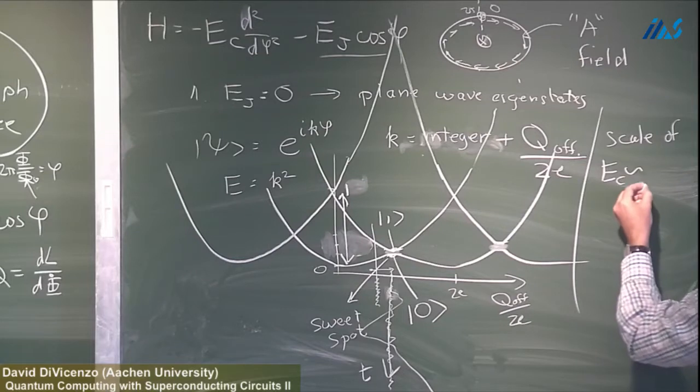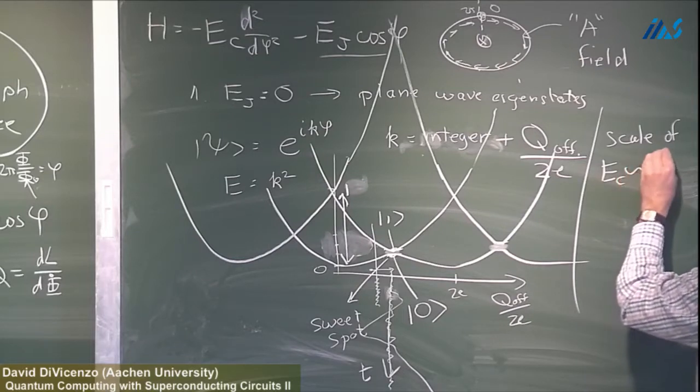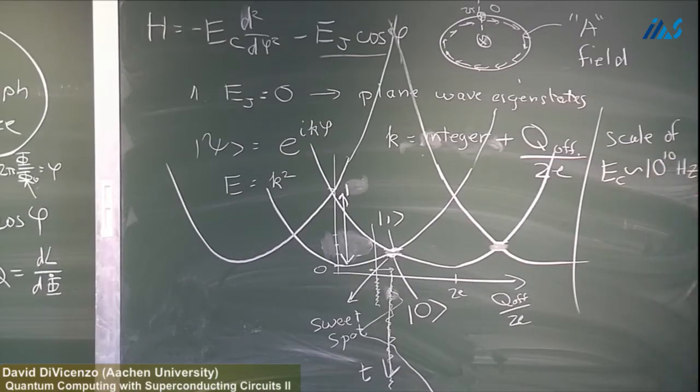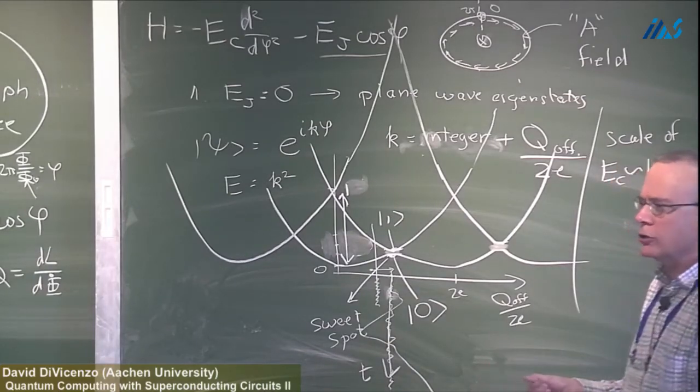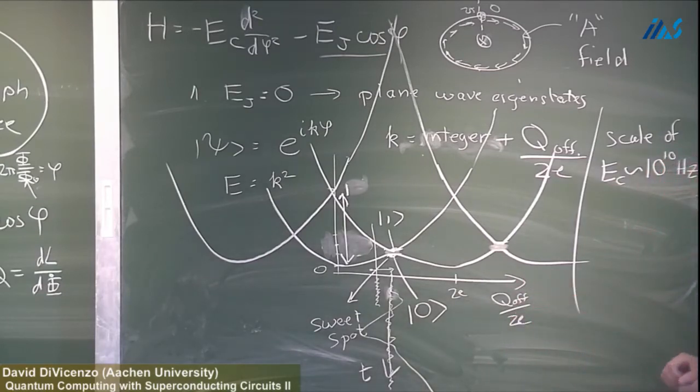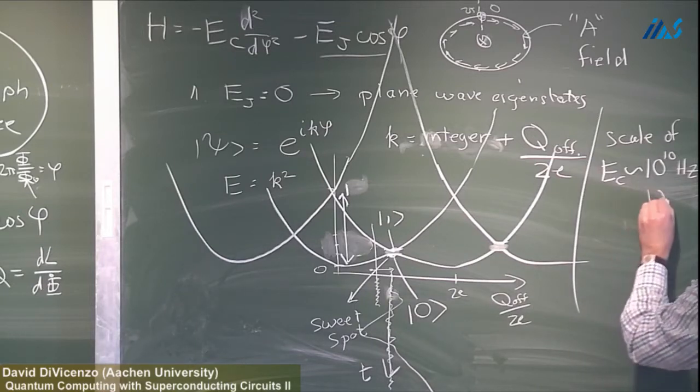It's in units of something like 10 to the 10th power Hertz. Why is that? It has to do with submicron scale capacitors. You get it just from usual formulas for geometric capacitance for the sizes that I discussed yesterday. So this is 10 gigahertz.